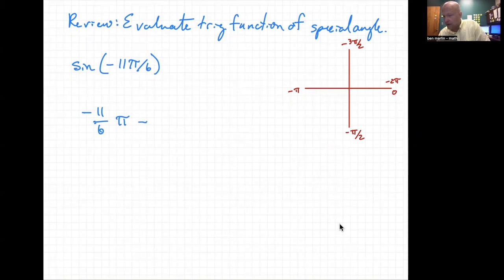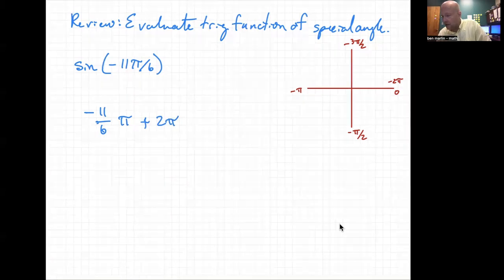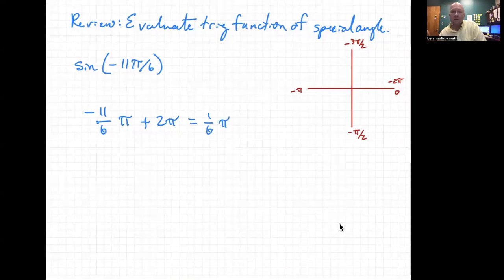So I'm going to think about negative 2 pi, and I'm going to subtract it from this minus 11 pi over 6. So I'm subtracting a negative, so it's an addition, and that is getting me 1/6 pi, or pi over 6. That is going to be my reference angle here, okay?